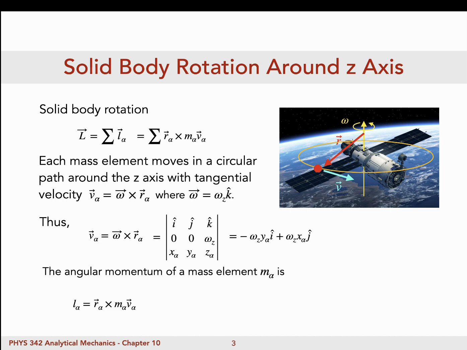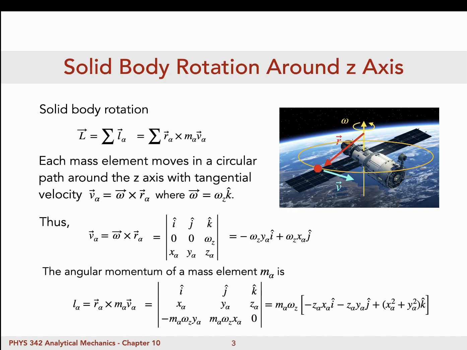We can now take this expression for our velocity and plug it in for the velocity in the angular momentum expression. So we'll evaluate a second cross product now. We write the components of our position vector in the middle row, and then the velocity vector that we just calculated on the bottom row of the determinant. When you evaluate this, this is what you get.